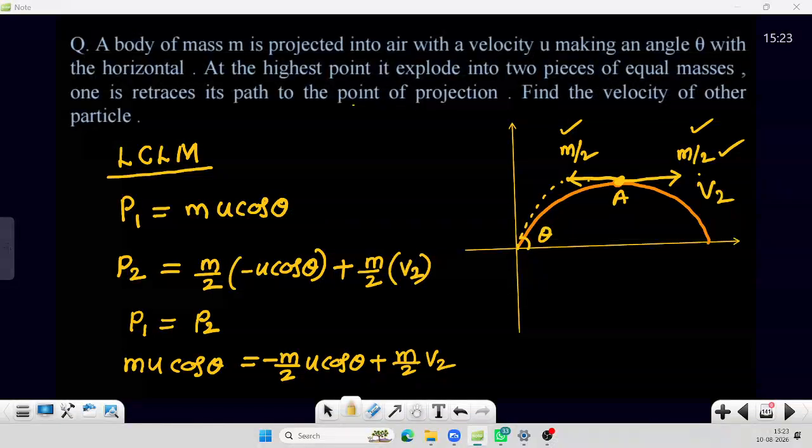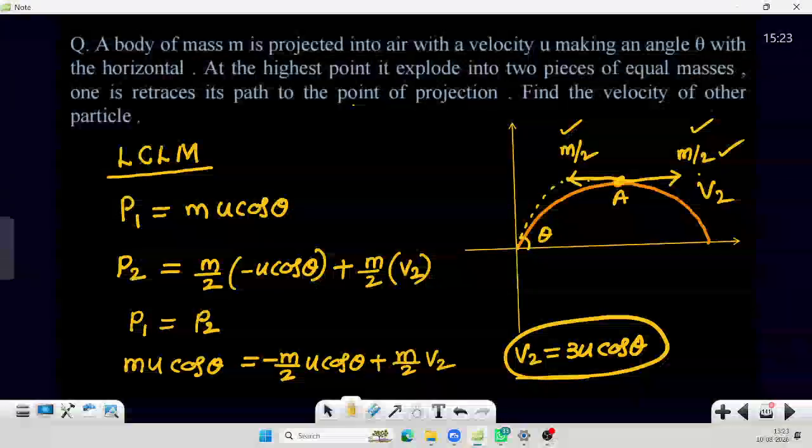So how much is the value of v2? 3u cos theta. This is the velocity.